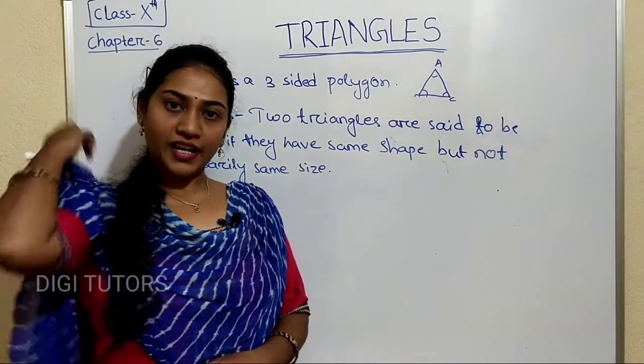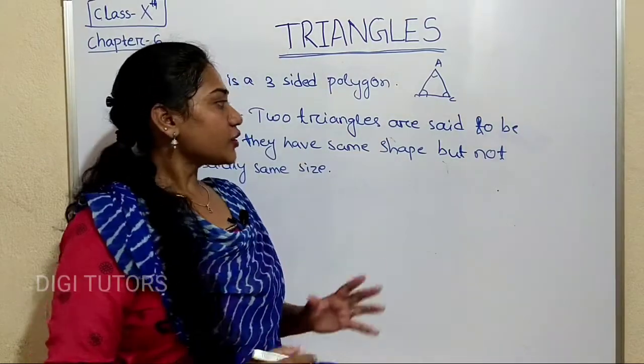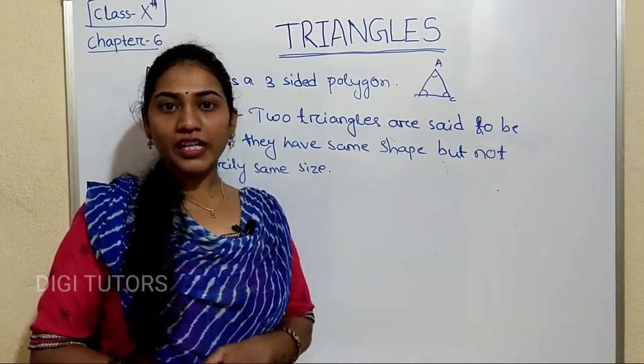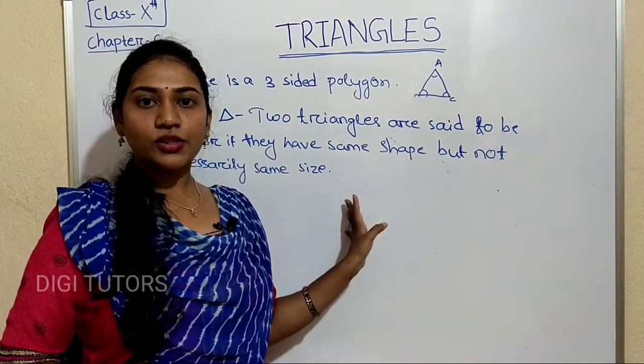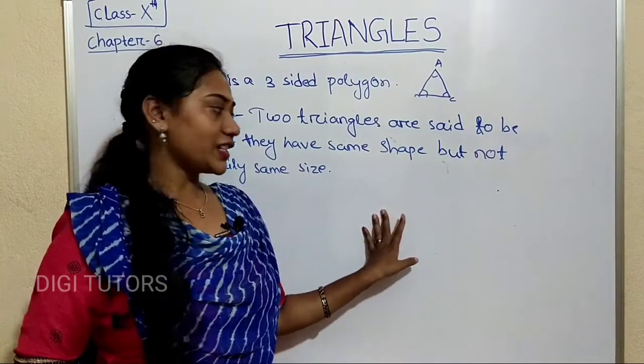In congruent triangles we have studied that two triangles completely overlap each other, but in similar triangles we cannot say that two triangles totally overlap each other.